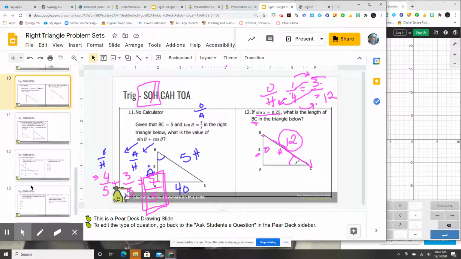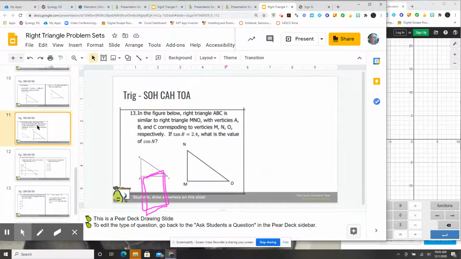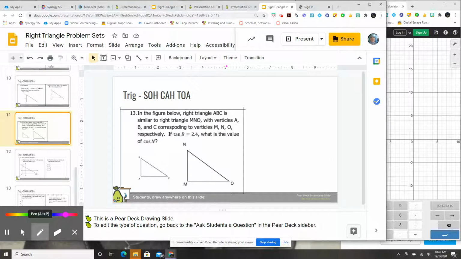Let's look at slide 11. In the figure below, right triangle ABC is similar to MNO. So this is the small one and this is the big one.